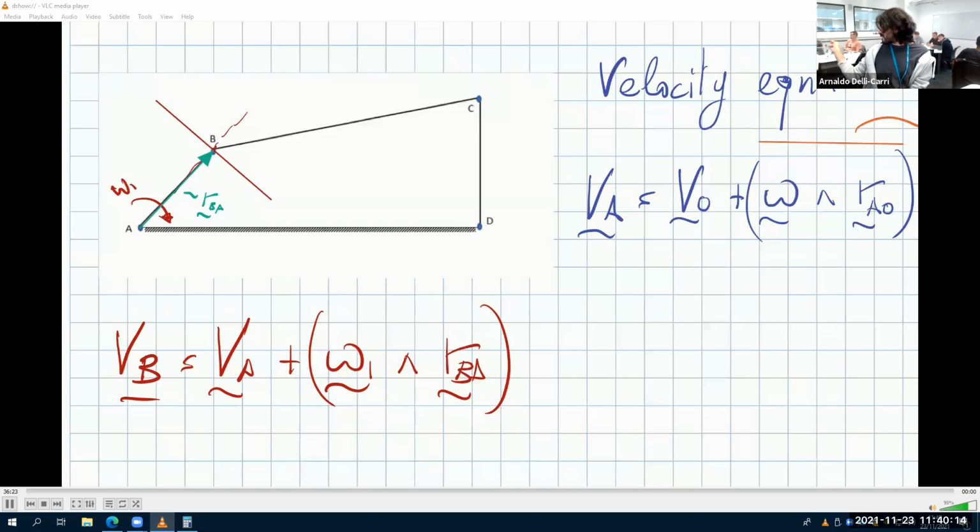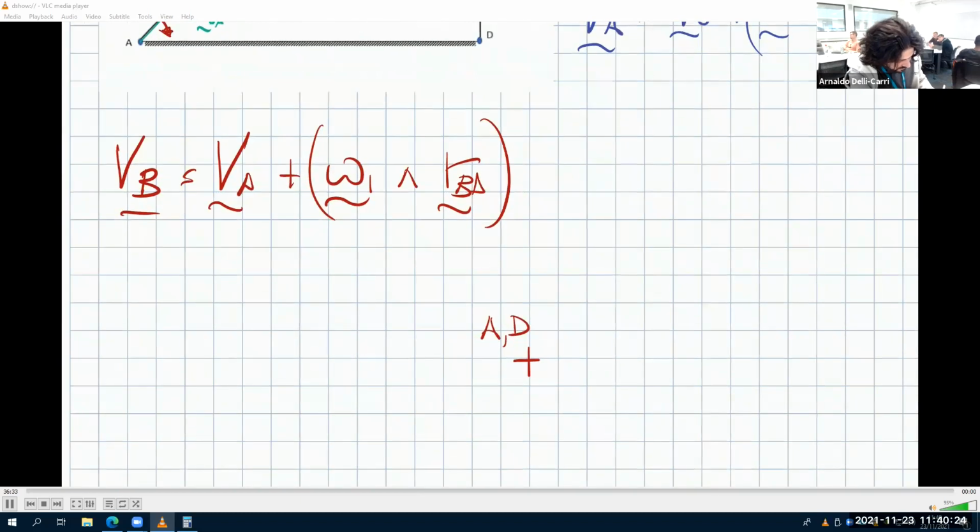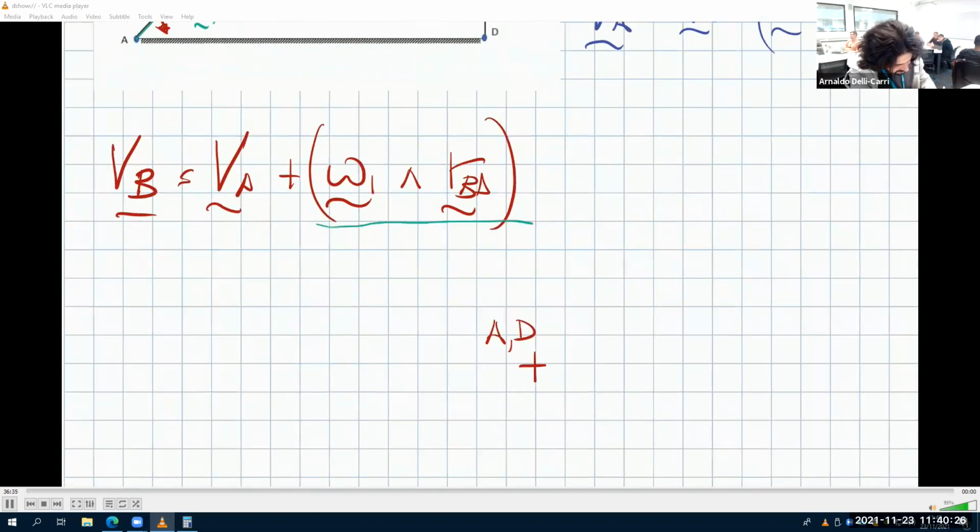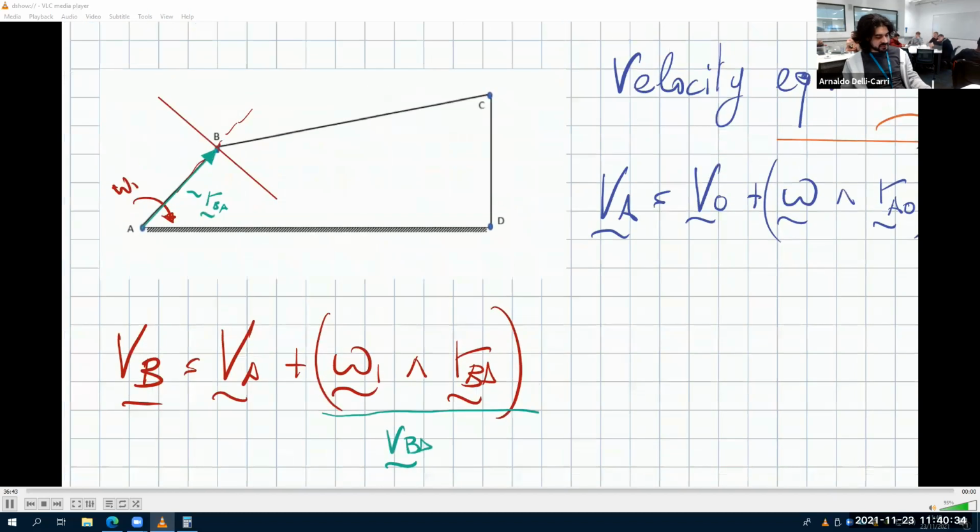You use your right hand, not your left hand. And there you go. That is the velocity of B with respect to A. So you get VBA. And of course, since VA is 0, VB is also VBA, and we end up with this vector here. This vector here is exactly what we want. This vector here is VB, which is also equal to VBA. Agreed?